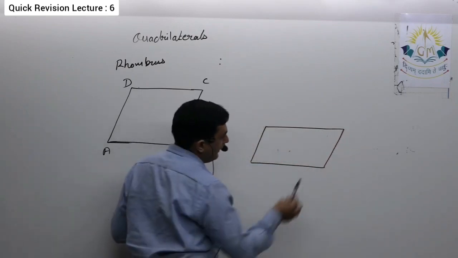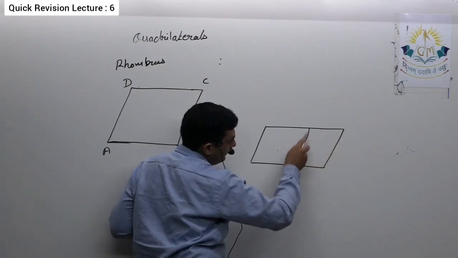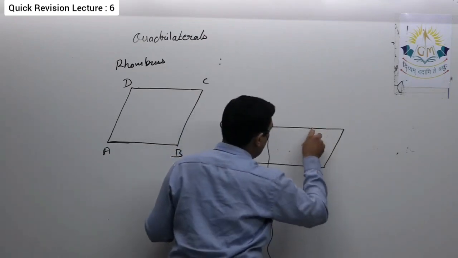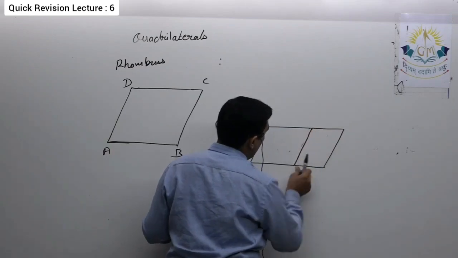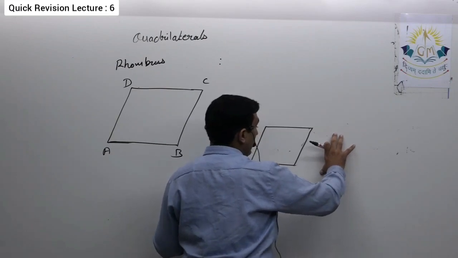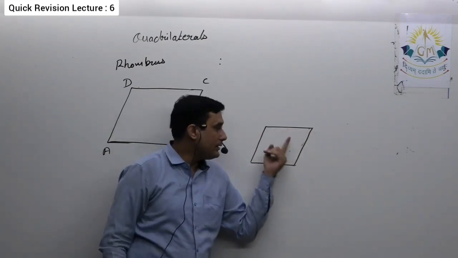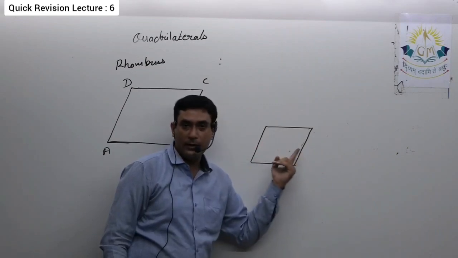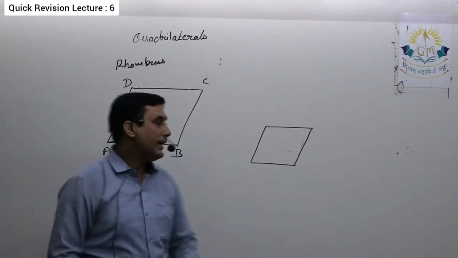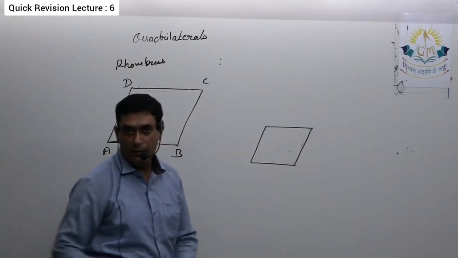Now if I move this side in such a way that it comes over here, in this way, that means I move the side in such a way that this breadth becomes equal to length. That means adjacent sides become equal. So when the adjacent sides are equal, all will be equal because opposite sides are already equal.